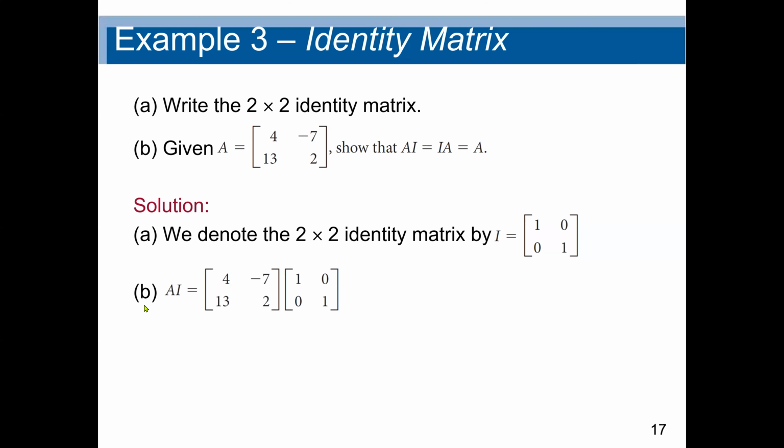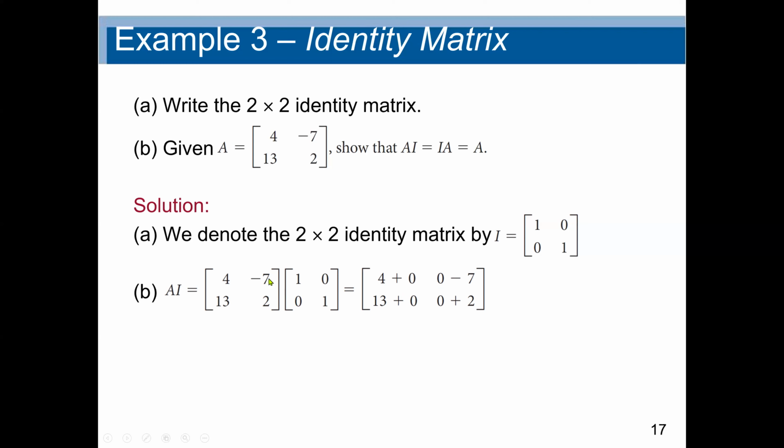So this is what we do first. We want to find AI. So we have A times I, where I is the identity matrix, and we know this multiplication already. So we multiply 4 by 1 plus negative 7 by 0. That's what we have here, 4. Then the first row, second column: 4 by 0 and negative 7 by 1, so that will give me negative 7 right here.